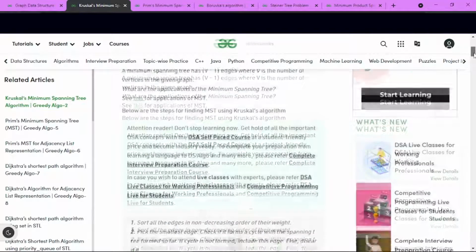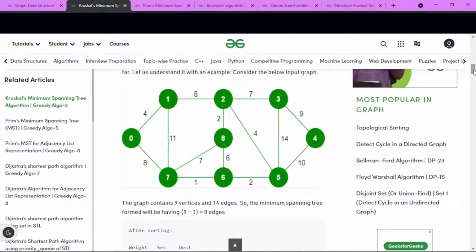We have three algorithms: Kruskal's algorithm, Prim's algorithm, and Boruvka's algorithm.